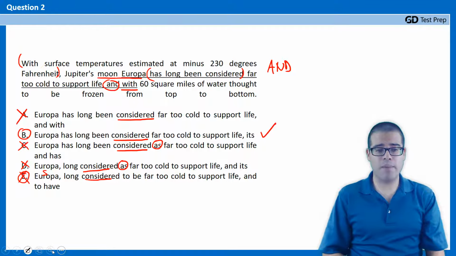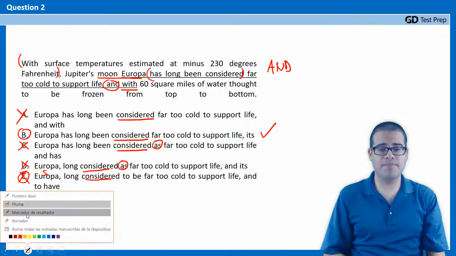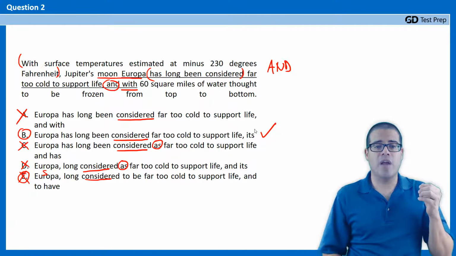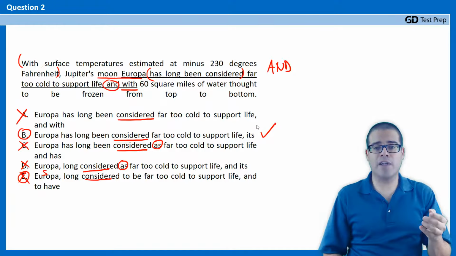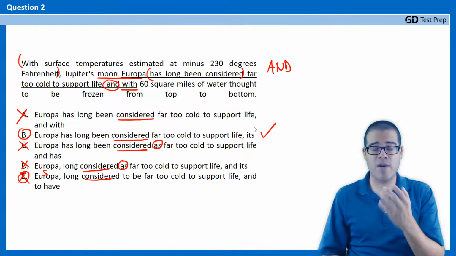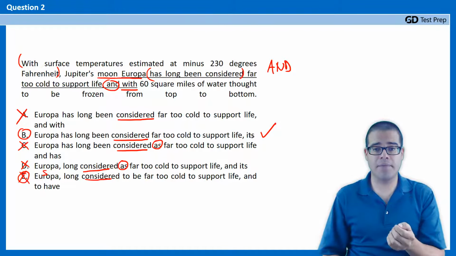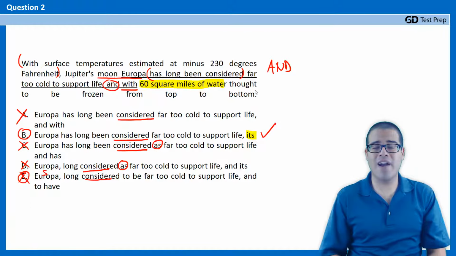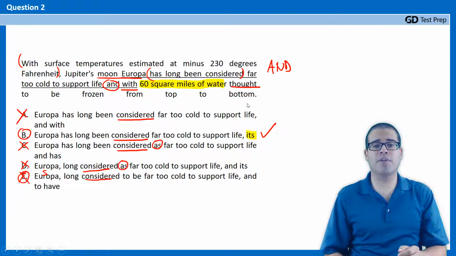Now, do you see the absolute phrase in B? Notice that after the main clause, which is Europa has long been considered far too cold to support life, you have a noun plus a modifier. What is a noun? The noun is it's 60 square miles of water. And what is the modifier? The modifier is the past participle phrase thought to be frozen from top to bottom.